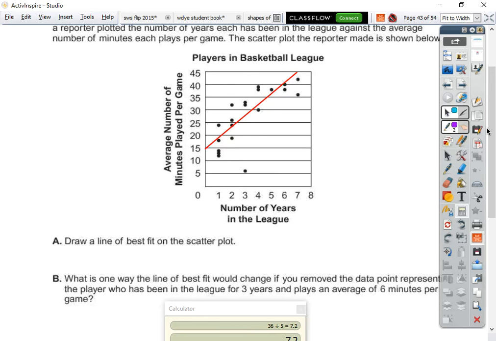So if this line were to continue, we would end up with a number of minutes per game that would exceed the number of minutes there are in the game. And actually, we've already done that because it isn't until the NBA that you go over 40 minutes per game. So this dot is a little ridiculous because it defies reality. So that's why it wouldn't make sense to continue, because you can't have that many minutes.